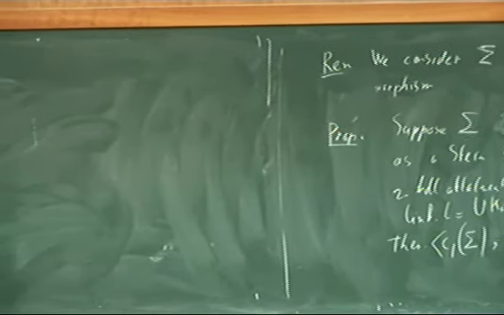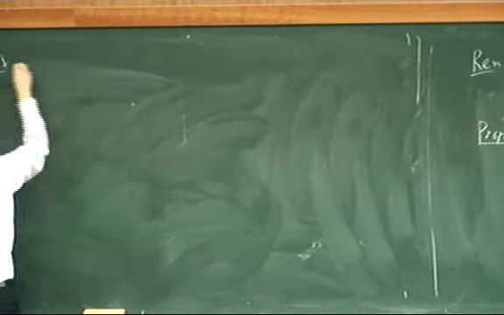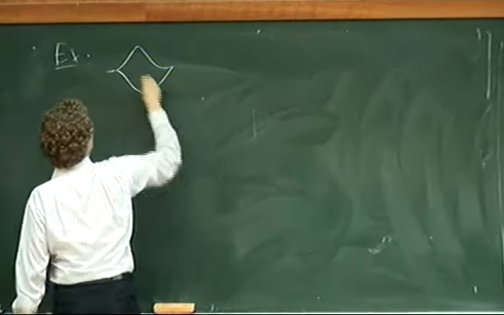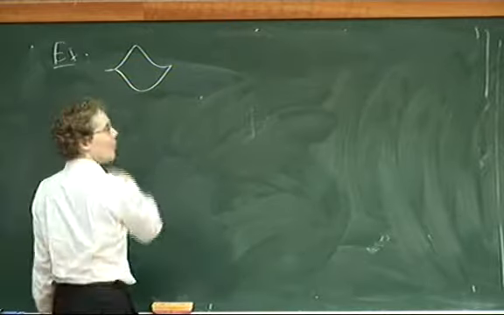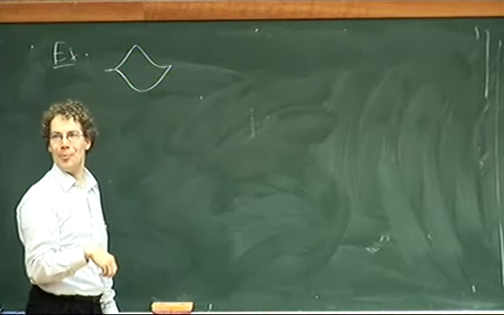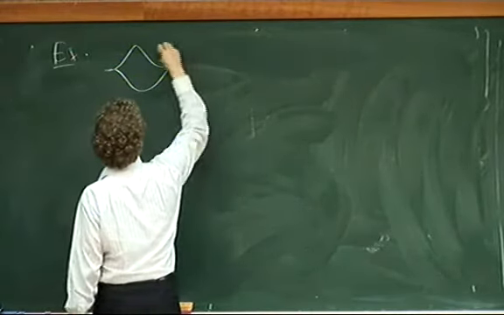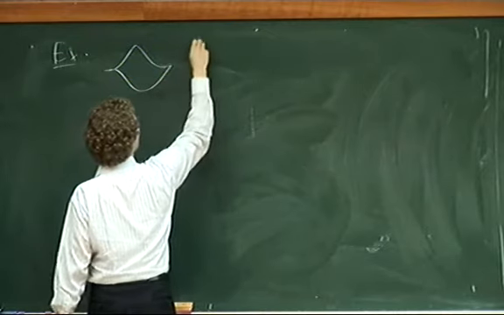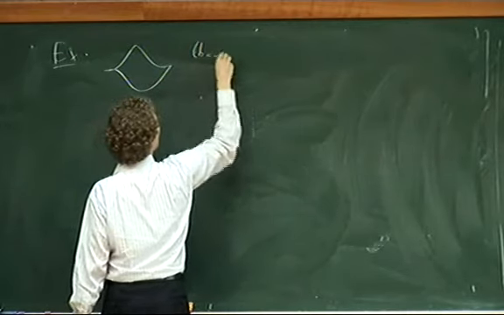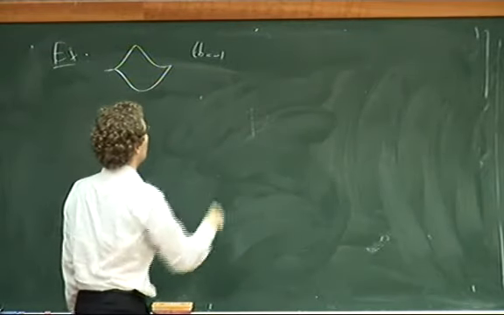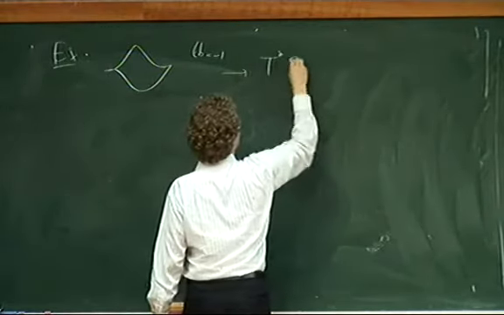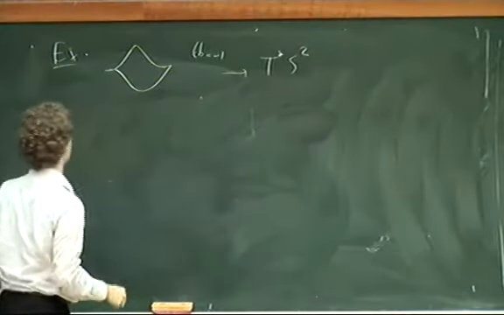Okay, so example. You might know this, or at least I told some people last week what this is. The Thurston-Bennequin invariant of this knot is -1, so we have to do a 2-handle attachment with framing -2, and then we actually get T*S^2.